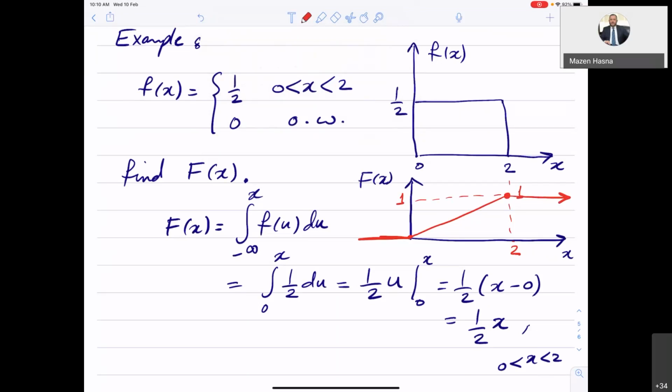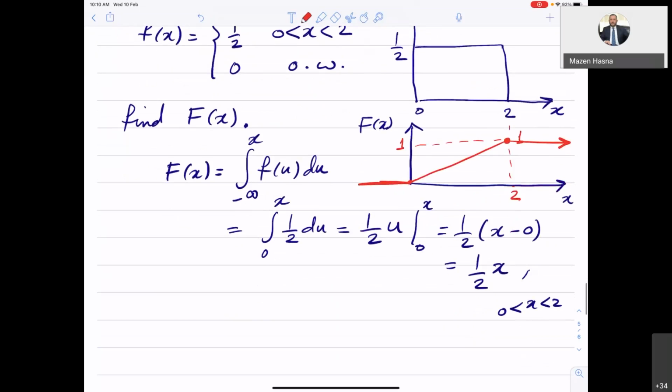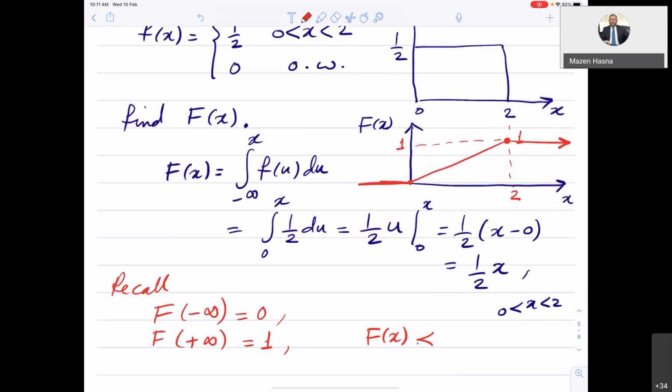Why does it continue to be 1? Because we said before, recall, what's f of minus infinity? We know f of minus infinity is 0, and f of plus infinity is 1, and f of x is a probability still, like we did in the discrete domain. So it is always between 0 and 1.